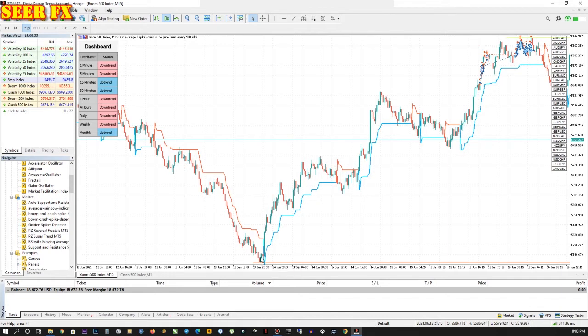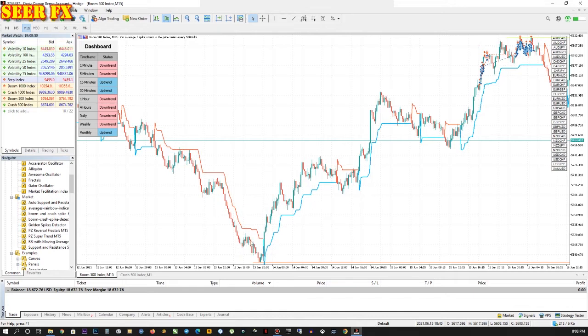You need to wait for the super trend indicator to also show you a buy signal. The red line means downtrend and the blue line means uptrend.